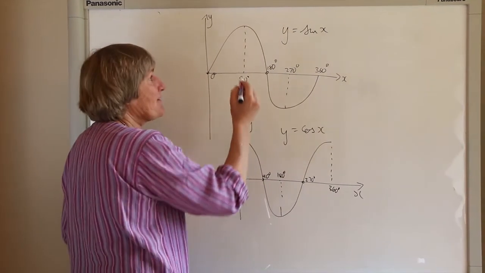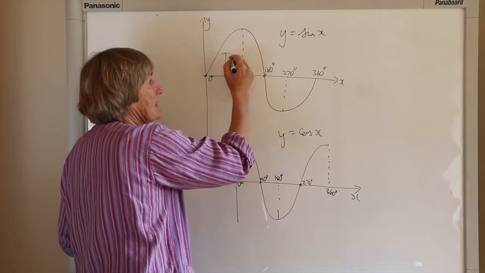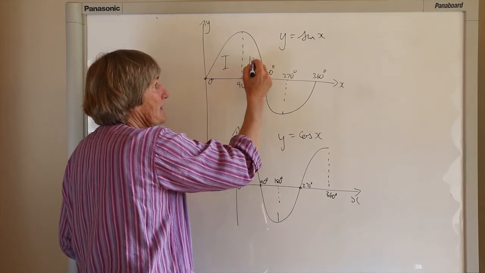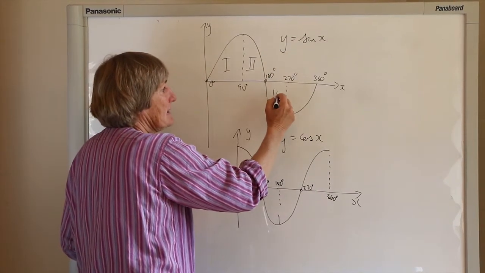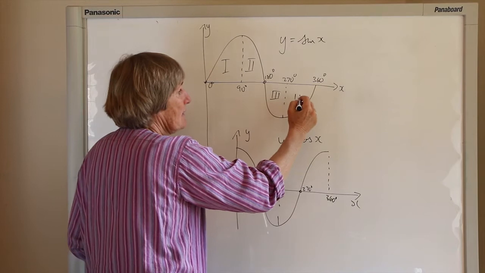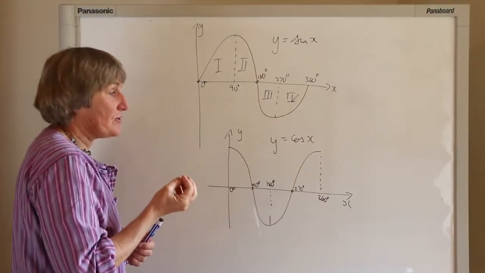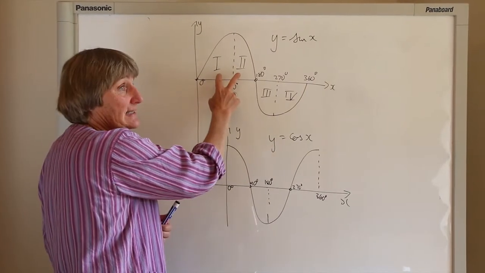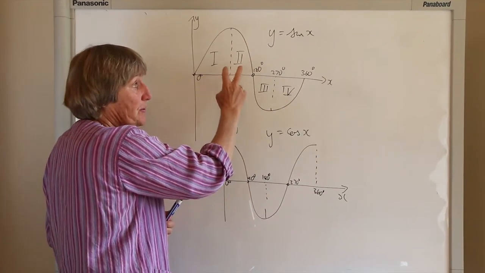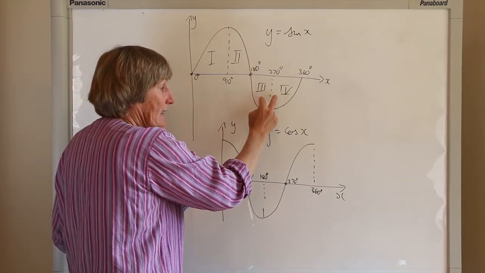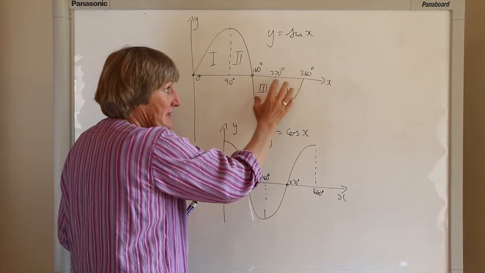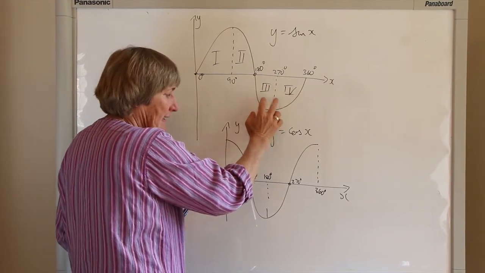So in maths we have the concept of the quadrants. 0 to 90 is the first quadrant, the second quadrant, the third quadrant, the fourth quadrant. Okay? Let's look at cos. Notice that sin is positive in the first 2 quadrants. If you put in an angle between 180 and 360, it's going to be negative.